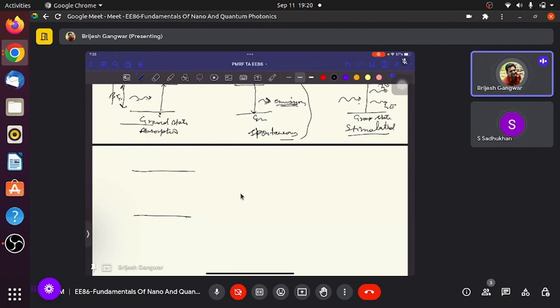You know there is a population inversion term used, right? So for stimulated emission, you must first create some population inversion.